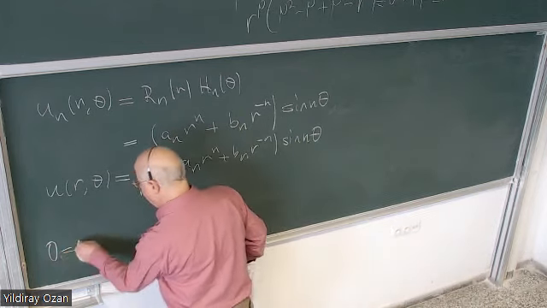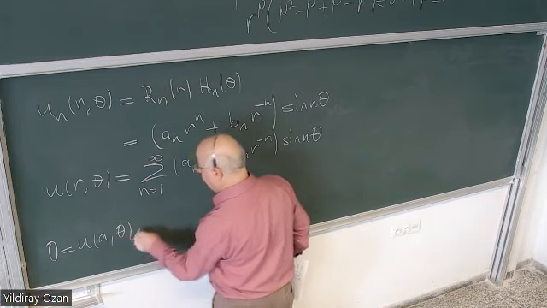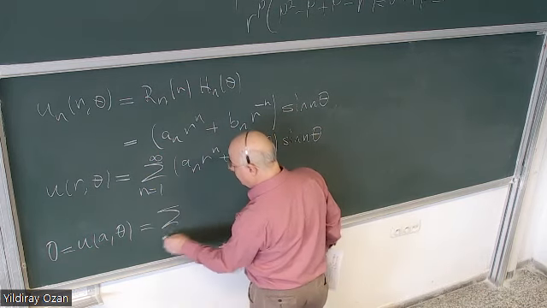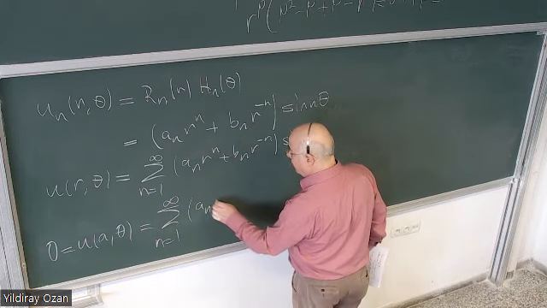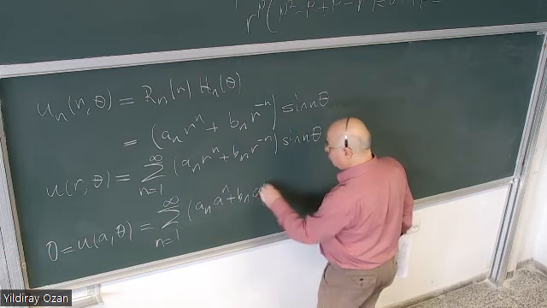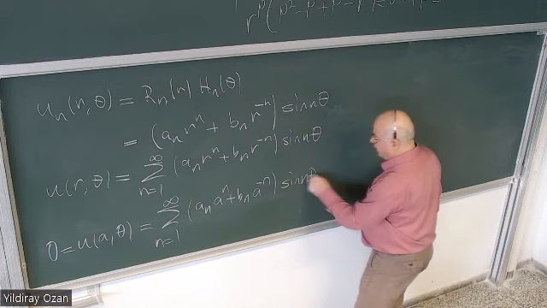Şöyle diyeyim. 0 u a theta, right? So when I plug that, I get a n a to the power n plus b n a to the power minus n and sine n theta.